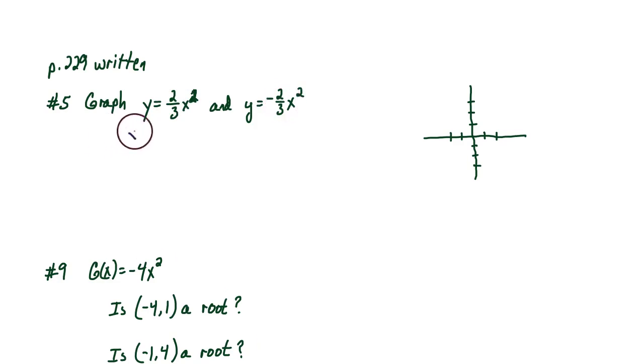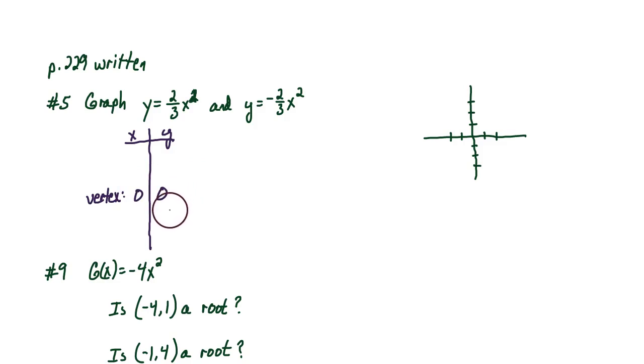Let's make an XY table to find some dots to graph. As the center row of my XY table, I want to locate the vertex. Because this equation has only an x squared term and no other terms, the vertex will be 0, 0.